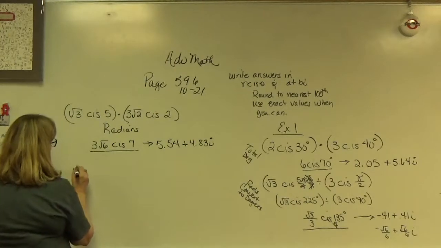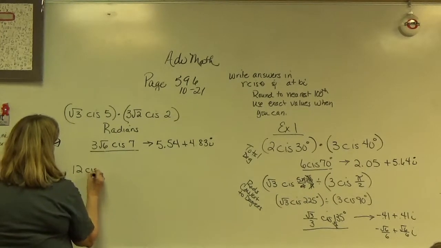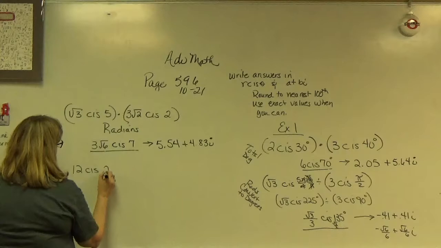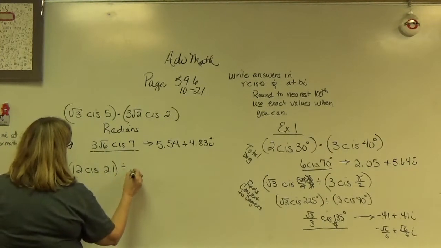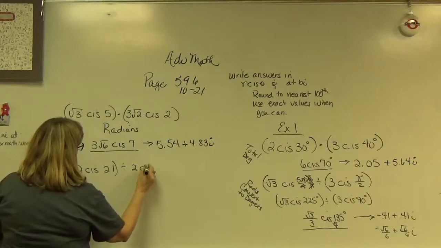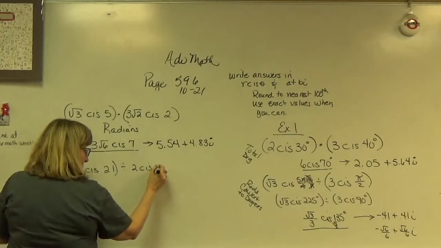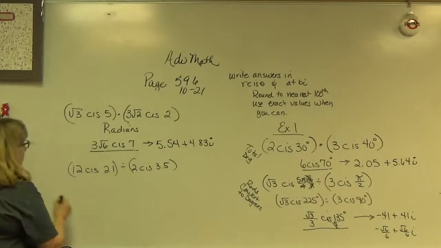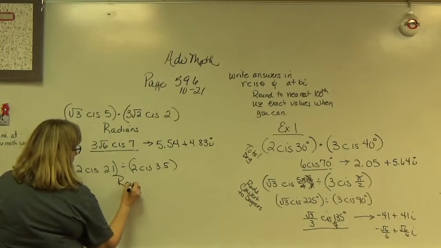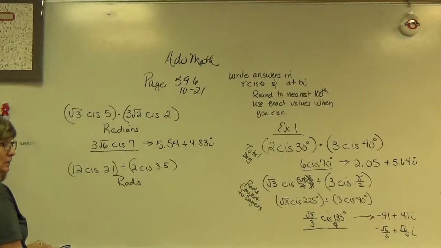This time let's go with 12 cis of 2.1 divided by 2 cis of 3.5. Again, what are we in? Rads.